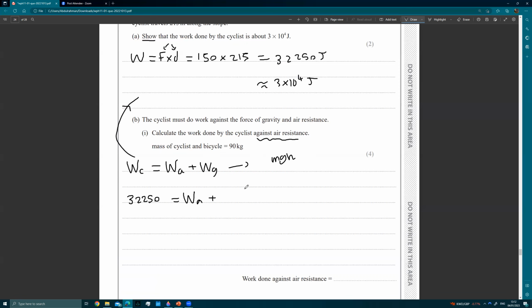So what is the work done against gravity? Well, it's equal to his mass, which is 90 kilograms, times g, which is 9.81, times the height.